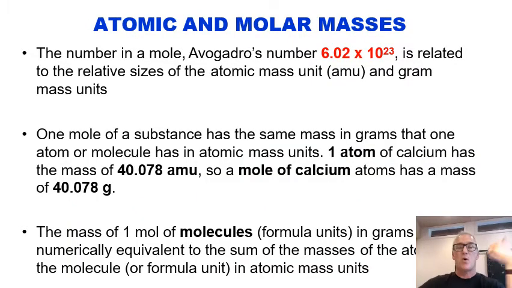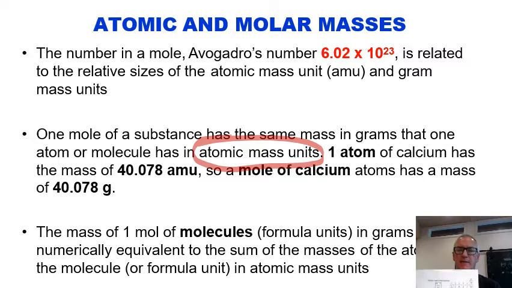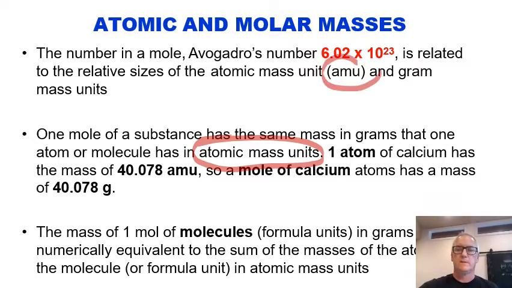So 1 mole of a substance has the same mass in grams, and we've been talking about this for quite a while, that 1 atom has in our old friend atomic mass units. So all of the numbers given in the periodic table are for atomic mass units. But the thing that makes it easy for us to do the conversion is that it's exactly the same mass as 1 mole in grams.